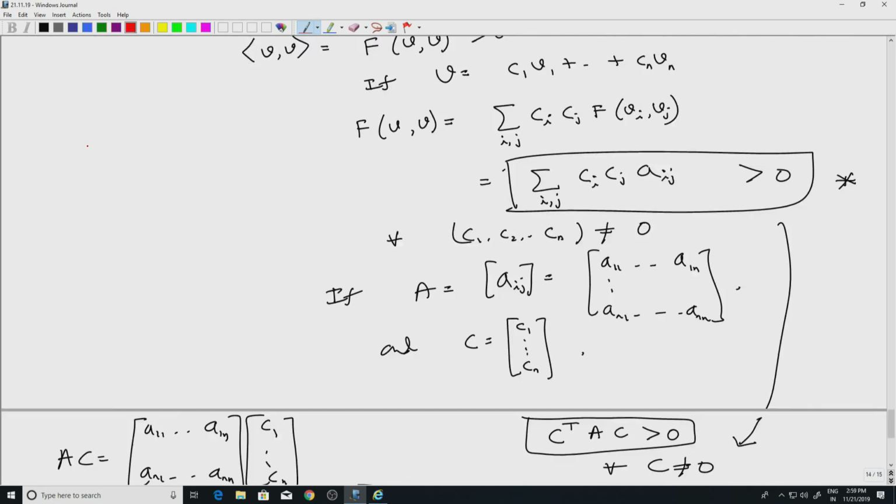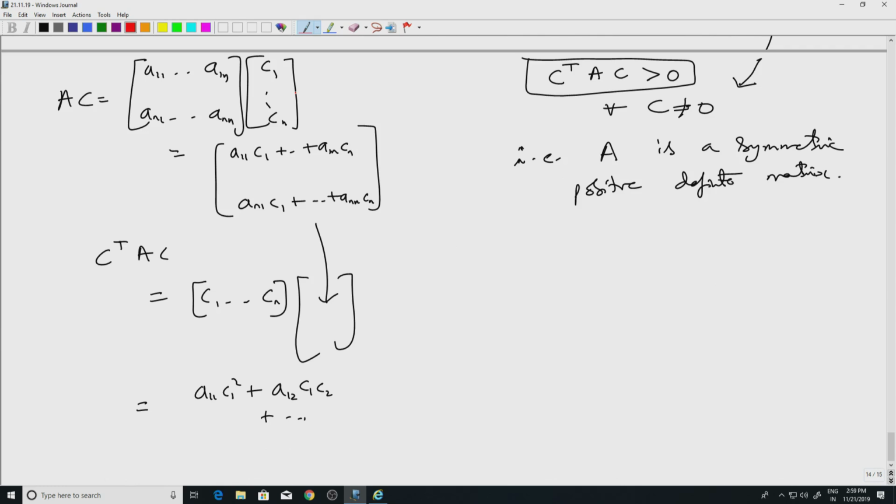Well, that is one thing. But here I started with an arbitrary basis V1, V2, Vn.